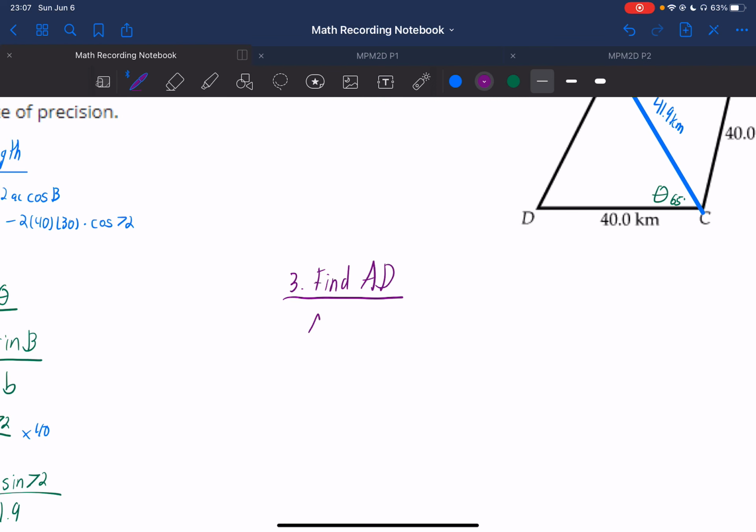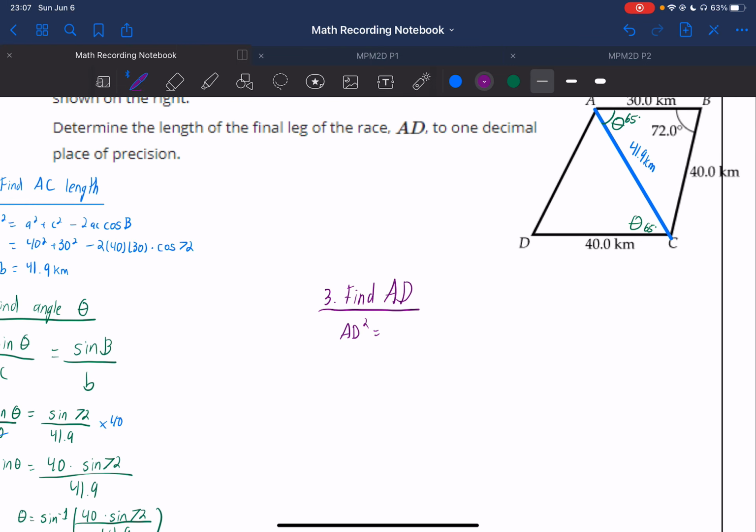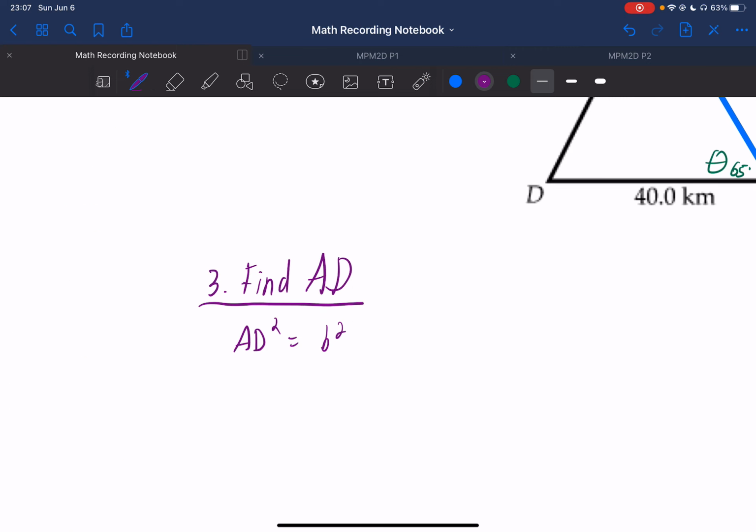So AD squared is equal to, we already called the other one B squared, and we'll call this side right here, let's go with C squared. Actually A squared minus 2AB cosine theta.